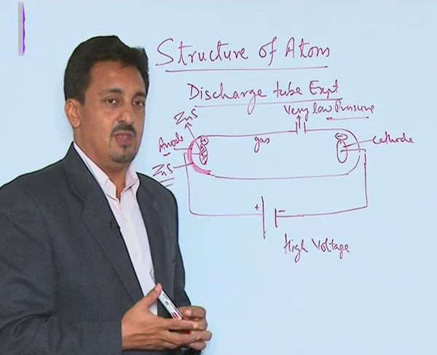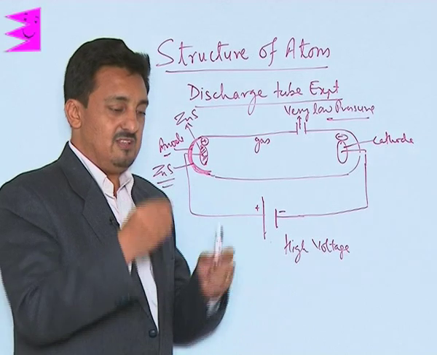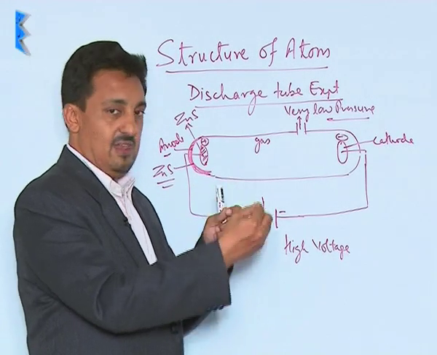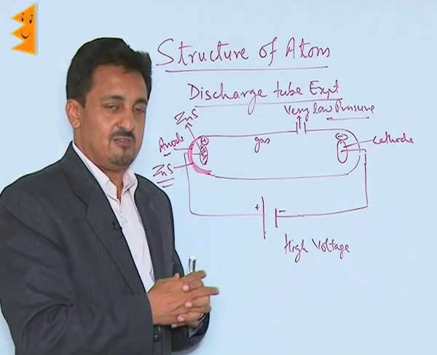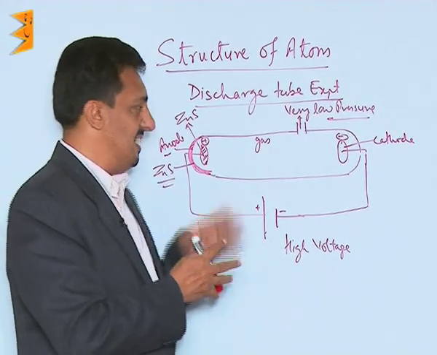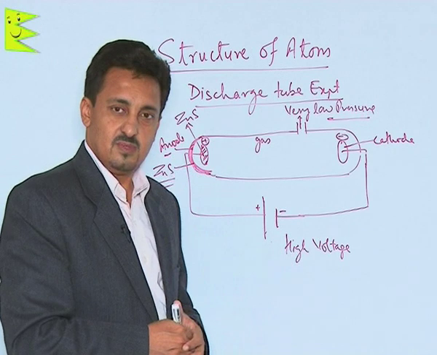It is due to the phenomenon of phosphorescence. When these particles in the rays strike the zinc sulfide, it produces a small spark, because of which this side starts glowing.